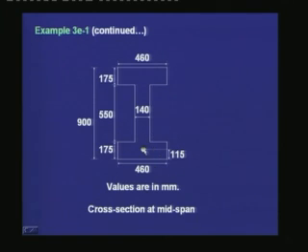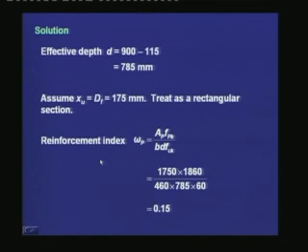The CGS is located at a distance of 115 from the soffit of the beam. The width of the web is 140 millimeters. The total depth of the member is 900 millimeters. First, we calculate the effective depth, which is the total depth minus the distance of the CGS from the soffit. 900 minus 115 gives us 785 millimeters.